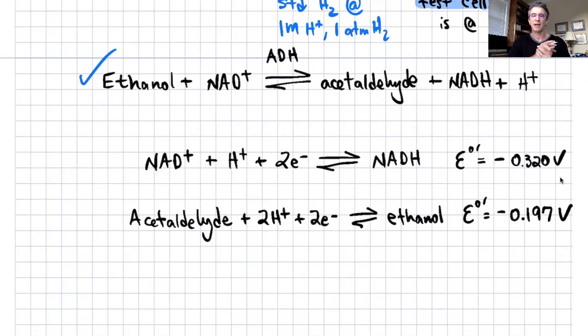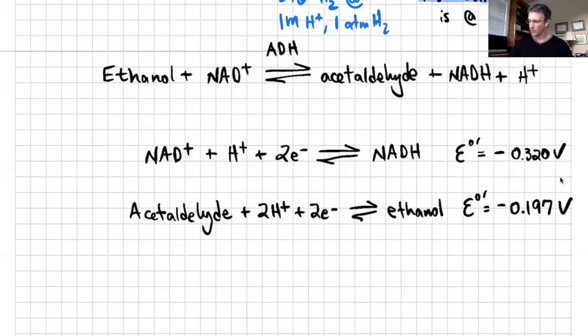But the acetaldehyde-ethanol reaction is reversed. So it's the same game we played before: you've got to flip that around, but remember when you flip it around to also change the sign of the standard reduction potential, because we're essentially inverting it.